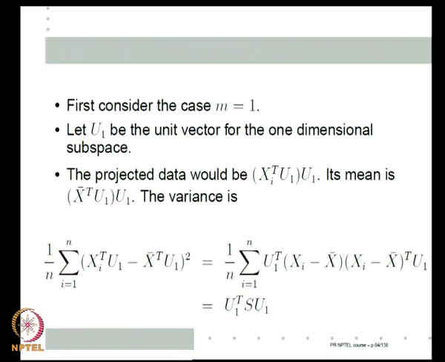That tells me that it has to be an eigenvector, and for any particular eigenvector I take as u1, u1 transpose S u1 will be the corresponding eigenvalue. If I want to maximize it, u1 should be the eigenvector corresponding to the maximum eigenvalue. If I want to minimize it, it should be the eigenvector corresponding to the least eigenvalue. Here we want to maximize it, so my first vector u1 should be the eigenvector of the data covariance matrix corresponding to the maximum eigenvalue.